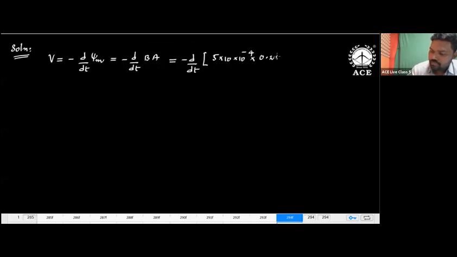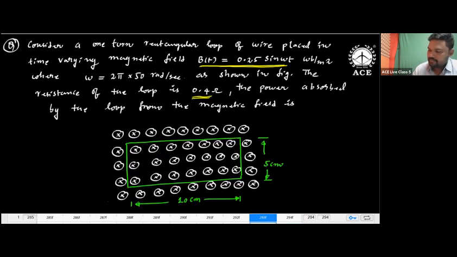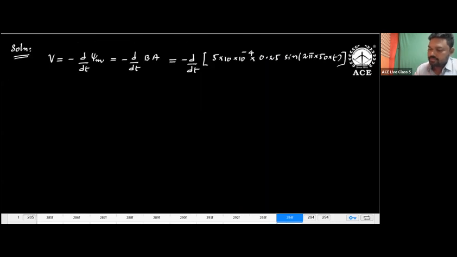Into 0.25 into sin 2 pi into 50 into t. Just differentiate this one.